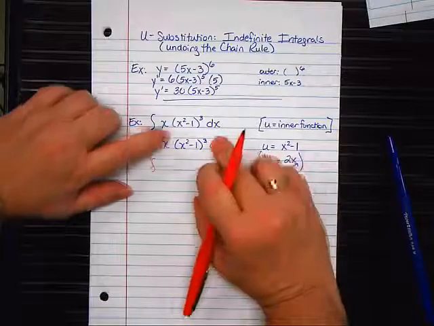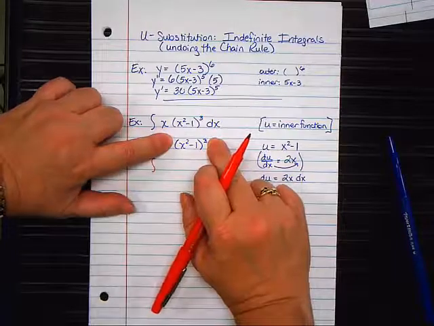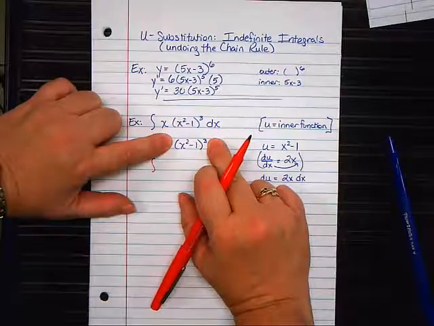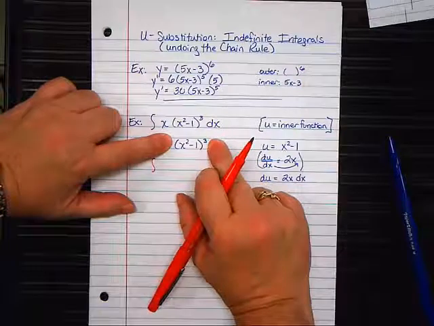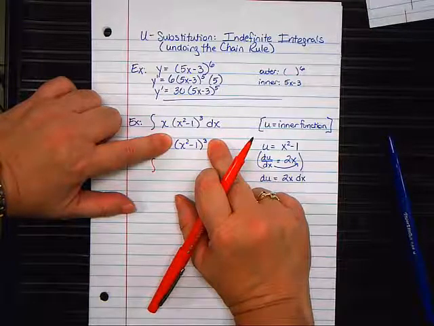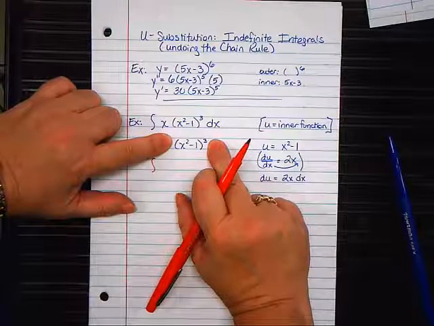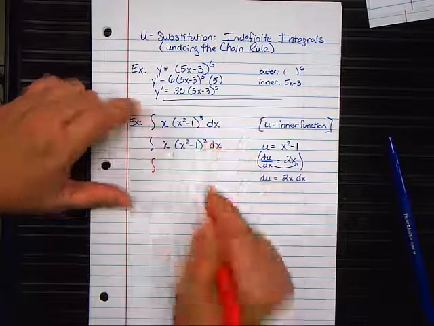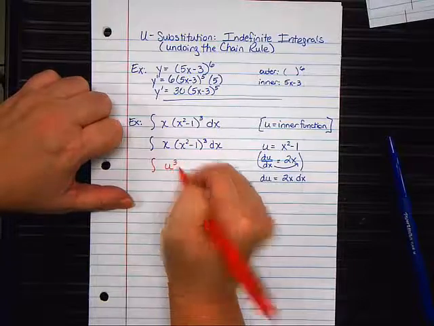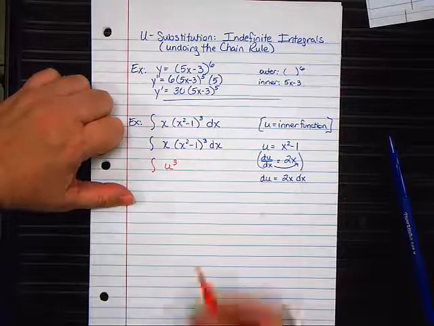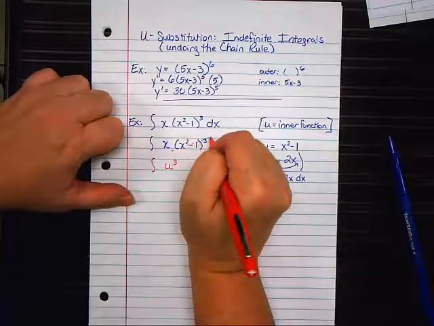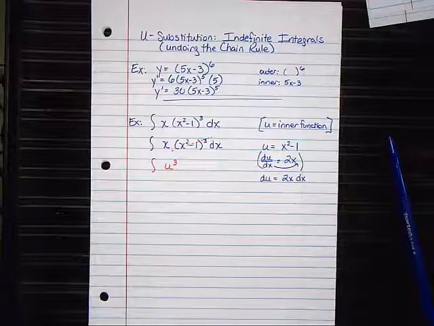U is x squared minus 1. Here's the part of the problem with x squared minus 1 in it. How would I write this in terms of u? Not u squared. That would be u to the third. Do you all agree with me there? Is that u to the third right there? So down here, I'm going to write u to the third, because that's what that is. And I'm going to basically gently mark that out so I don't try to mess with it anymore.